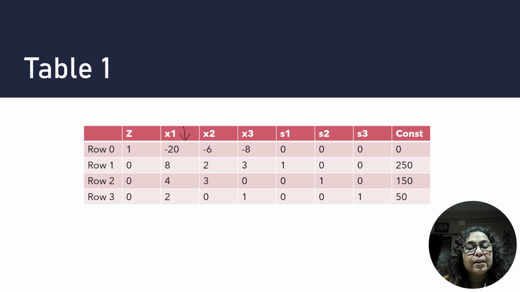If I see, say, it is replacing S1, then x1 will be equal to whatever constant is over here. It might not satisfy the other two constraints. So we have to get a feasible solution.